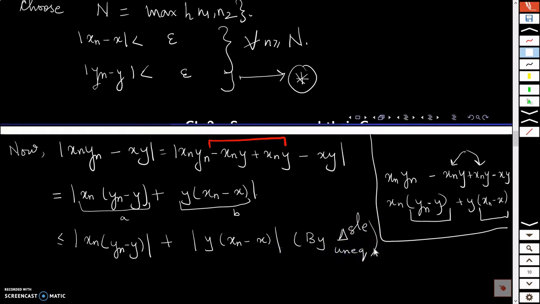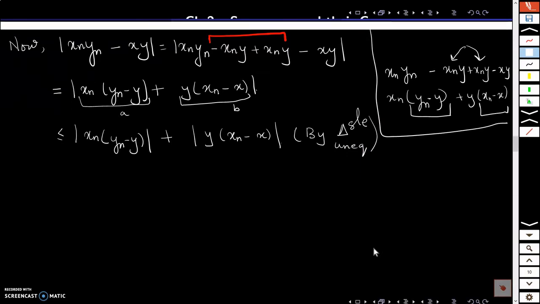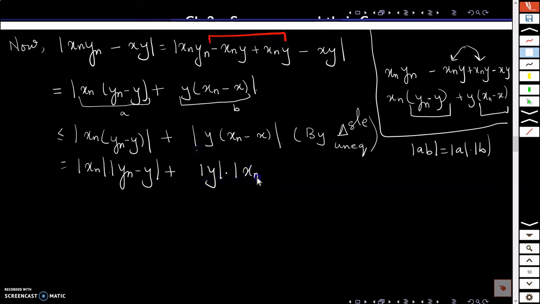Clear? And then I can use the property mod ab is mod a into mod b. So this will be equal to, I can distribute this, mod xn into mod yn minus y, plus mod y into mod xn minus x. This is what I have at this stage.